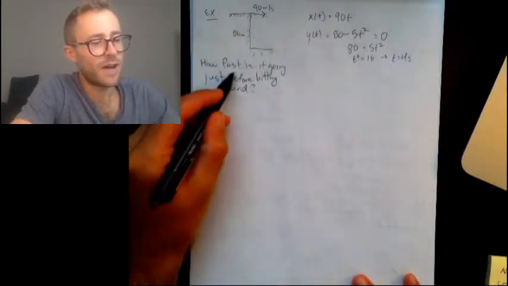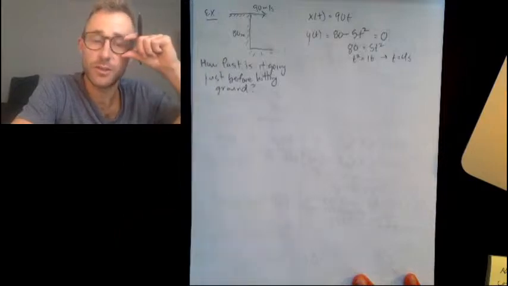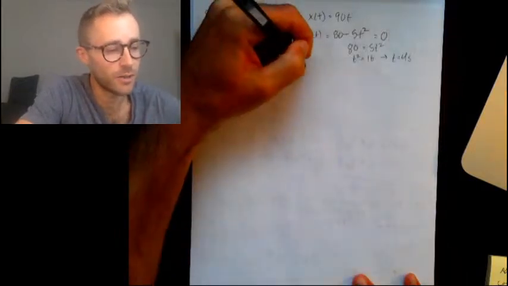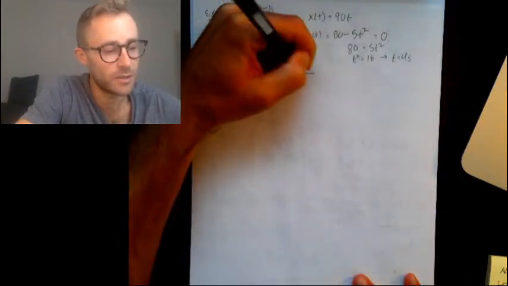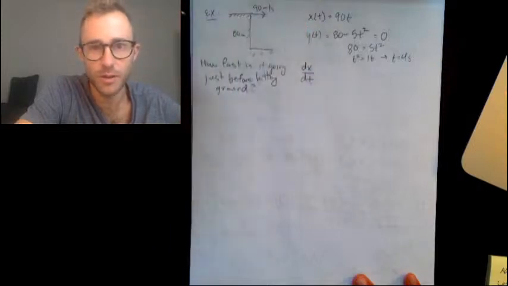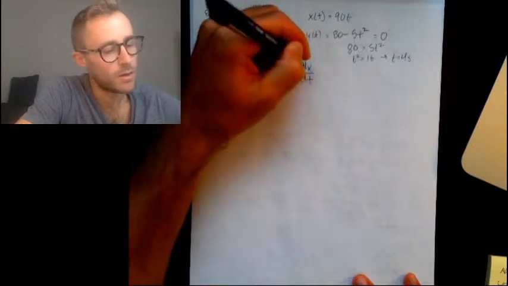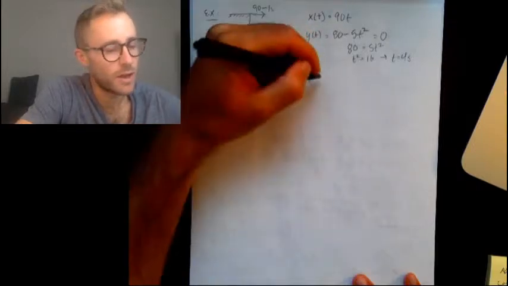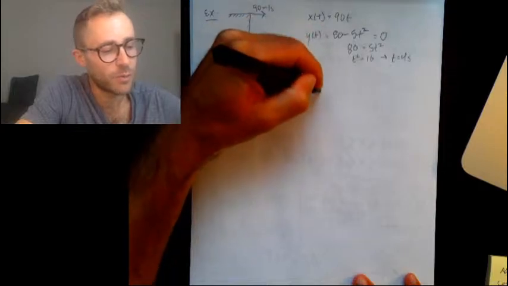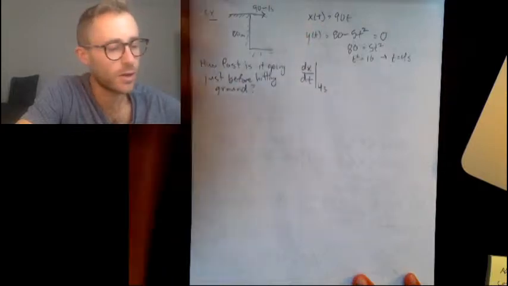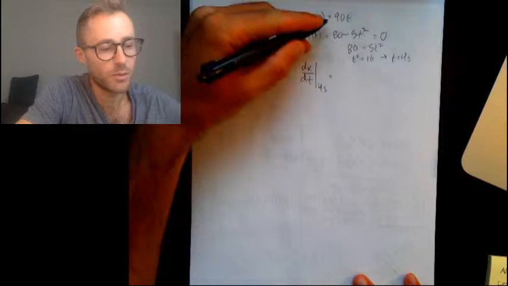But we want to know how fast it is going. So that has to do with velocity. So what I'm going to do is calculate dx/dt, the derivative of the x-coordinate, evaluated at 4 seconds. Okay? So the derivative evaluated at 4 seconds.